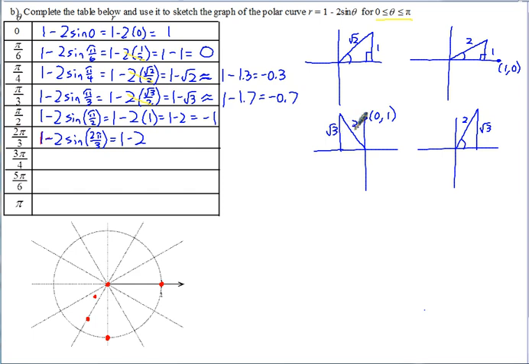So it's root 3 over 2. So you can see that's the same as what we got for pi over 3. So that's again going to be approximately negative 0.7 again. So 2 pi over 3 is right here. And this would be pi over 6, 2 pi over 6, 3 pi over 6, 4 pi over 6, which reduces to 2 pi over 3. So we go the opposite way, negative 1 right there.